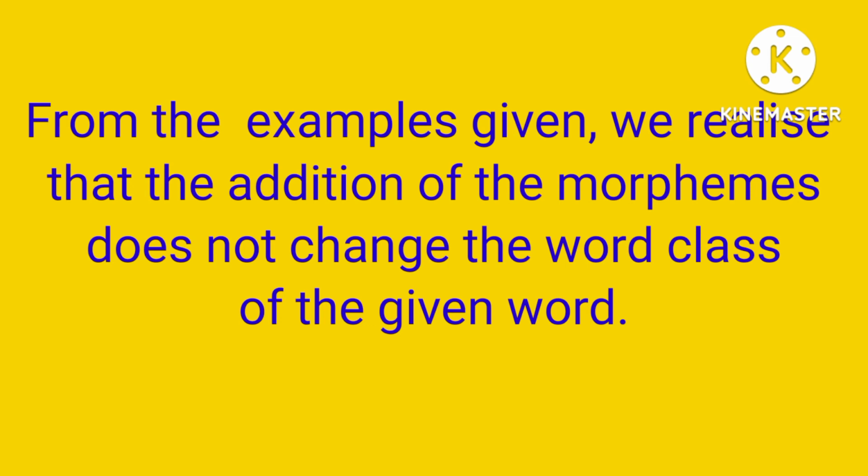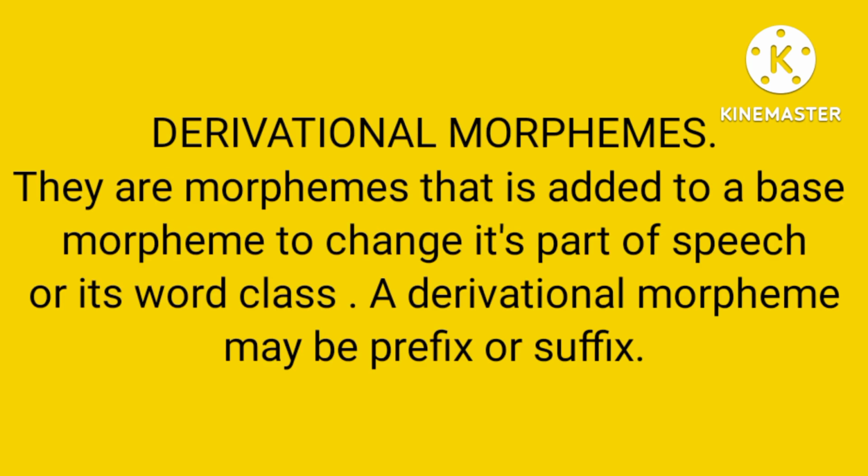Let's look at derivational morphemes. It is a morpheme that is added to the base morpheme to change its part of speech or word class. A derivational morpheme may be a prefix or a suffix. Examples are boy, which is a noun, plus ish, makes it boyish, which is an adjective.